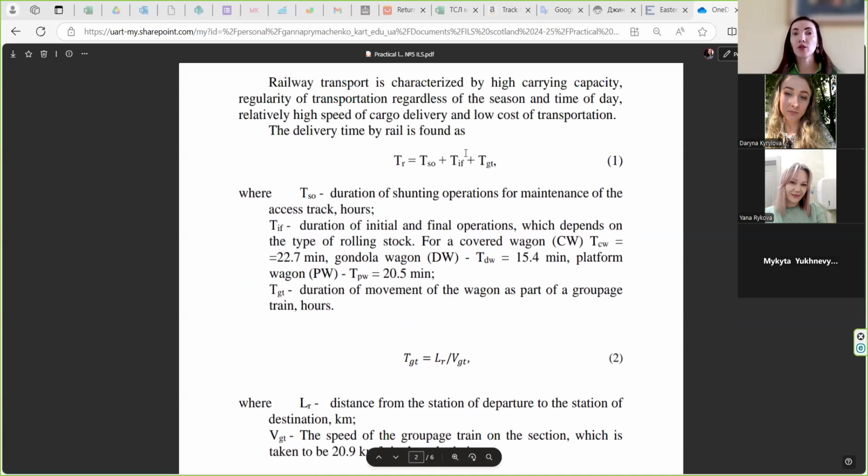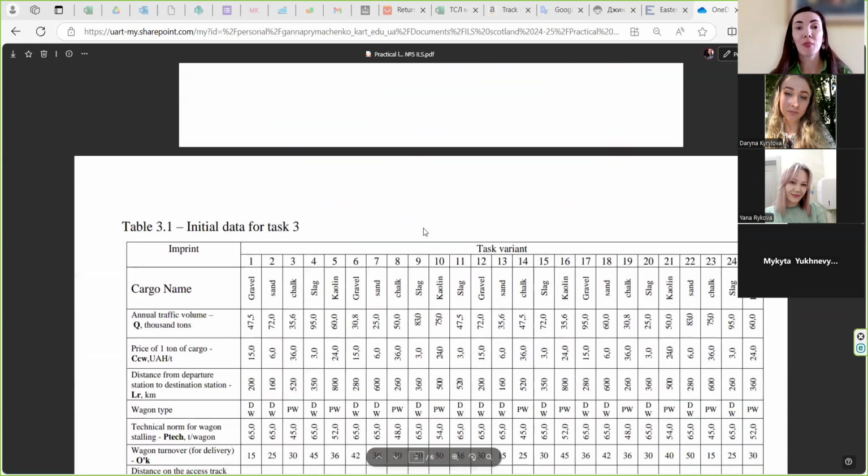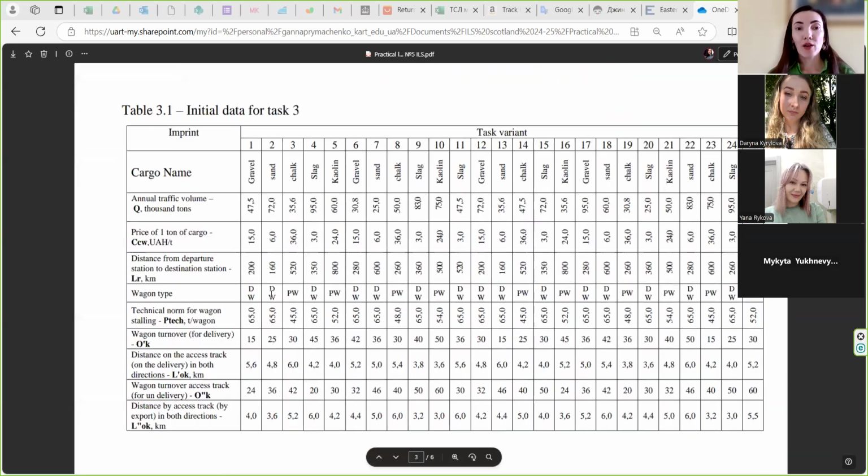Our next time, which we use near formula number 1, we find by category of wagons. Such a category we can find in our table 3.1, and now I show it for you. The type of wagons is 2 letters. It is the first, second, third, fourth, fifth line from the top of our table.